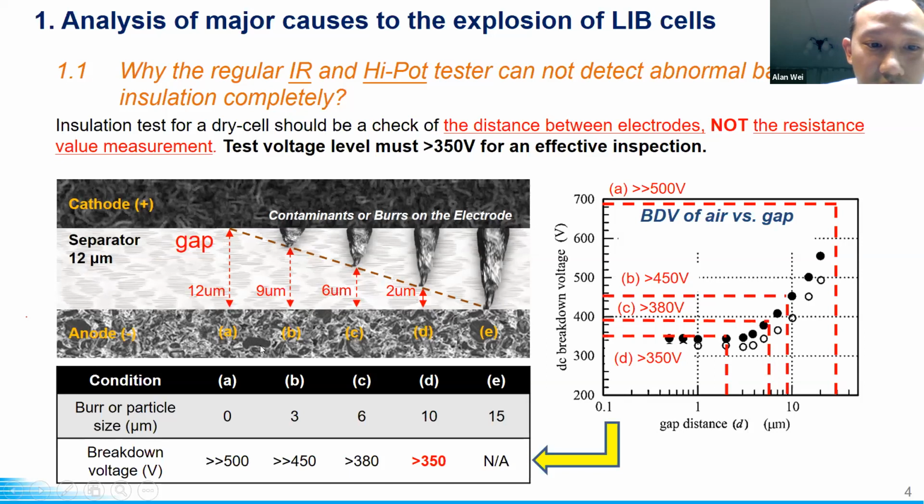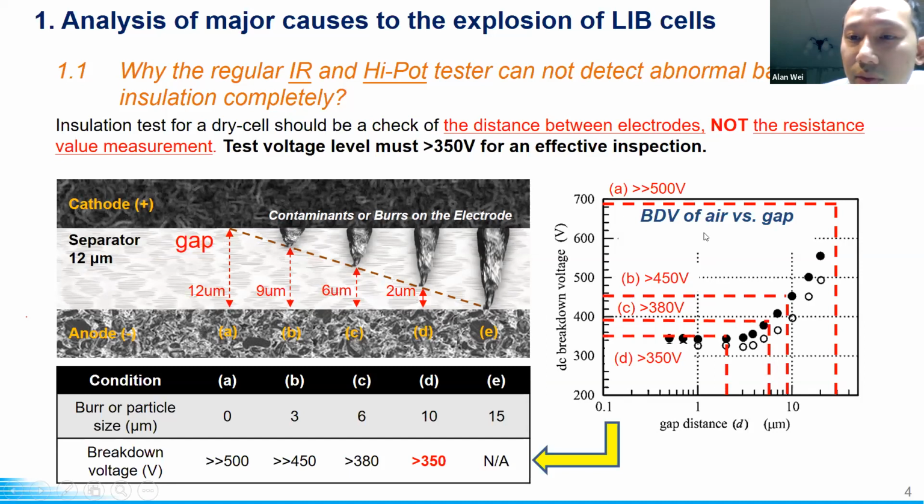However, in B, C, and D, how do we catch them? How do we judge them? If we use the regular IR meter, probably we will think this kind of defective product will pass and be a good product. That's why we suggest our customers increase the test voltage.